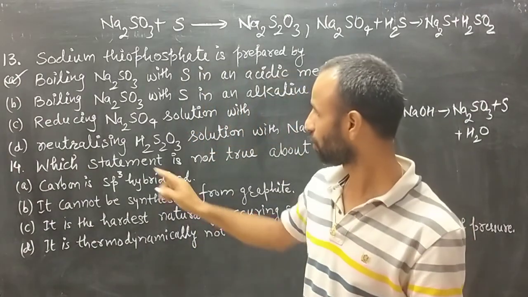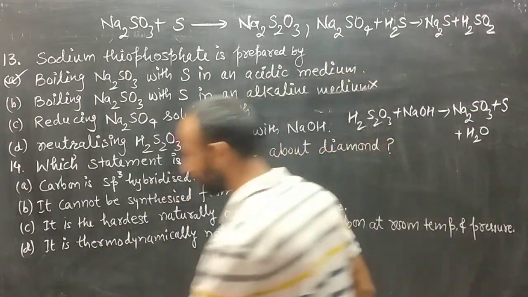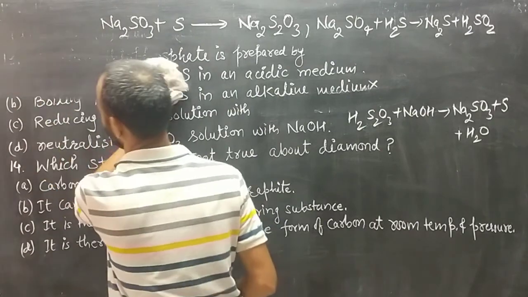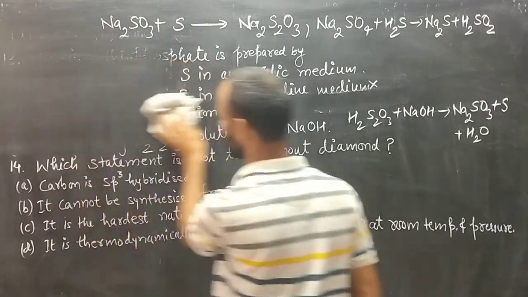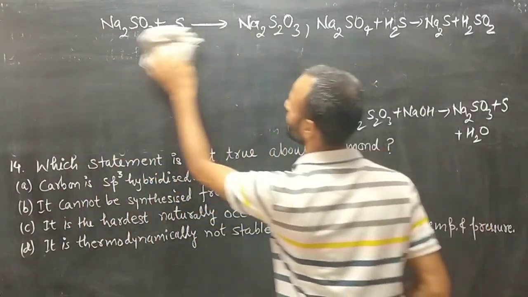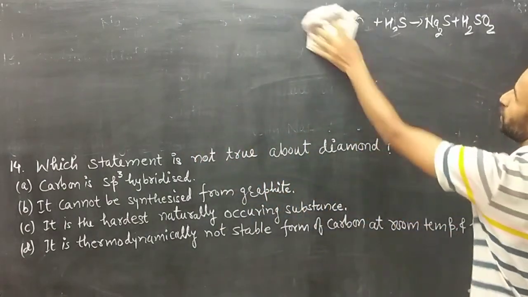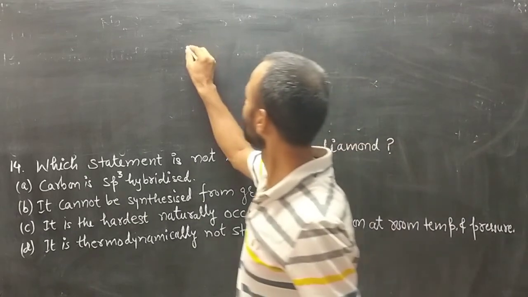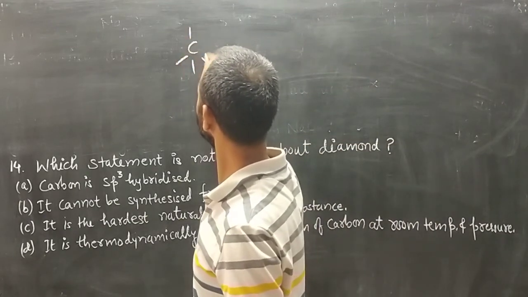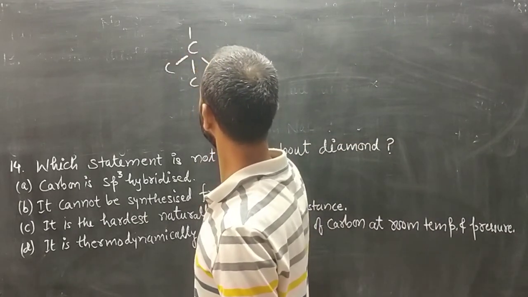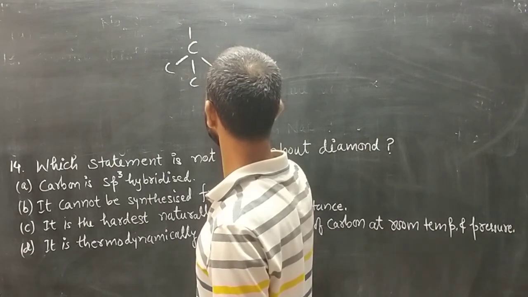Okay. Now, which statement is not true about diamond? Just read the statements. First, carbon is sp3 hybridized. True, because each carbon in diamond is sp3 hybridized.